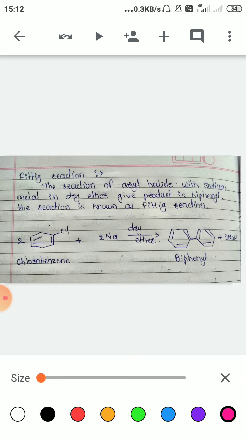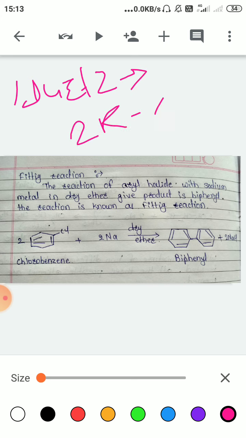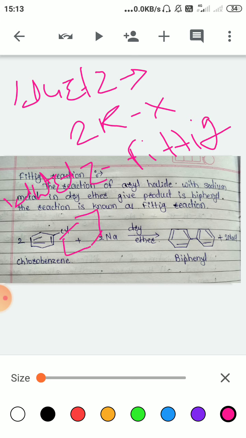Remember one thing very carefully. For Wurtz's reaction, the reactants are 2 moles of alkyl halides. For the Wurtz-Fittig reaction, one is aryl halide and one is alkyl halide, reacting with sodium in the presence of dry ether, and it gives a substituted aromatic compound.